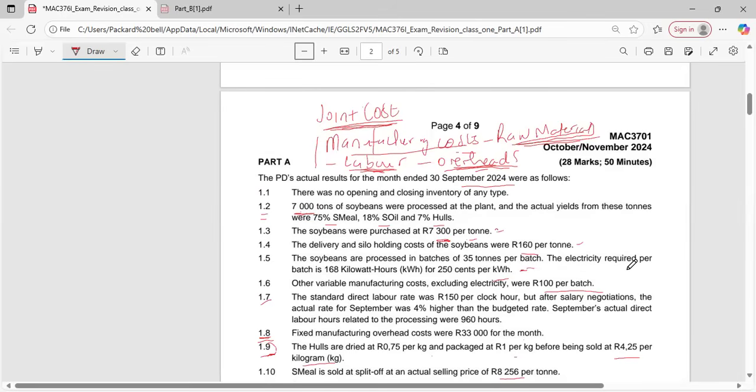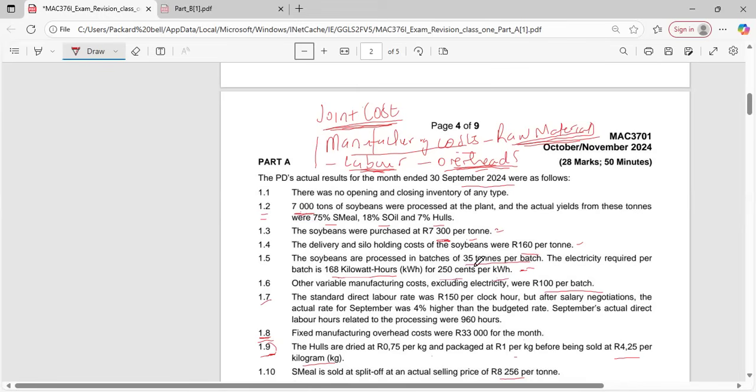The electricity required per batch is 168 kilowatts for 250 cents per kilowatt. So each batch is going to use 168 kilowatt hours, and each batch is 35,000 tons. So here we just need how many batches.